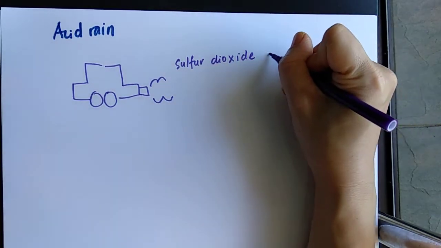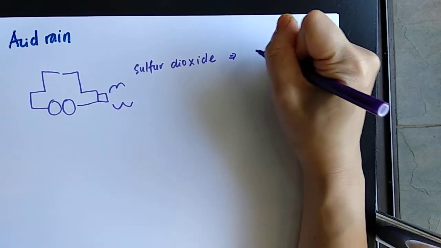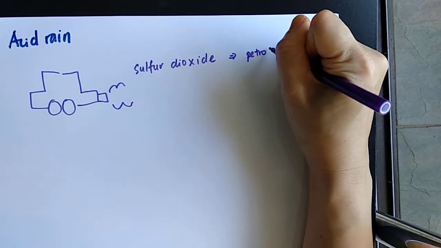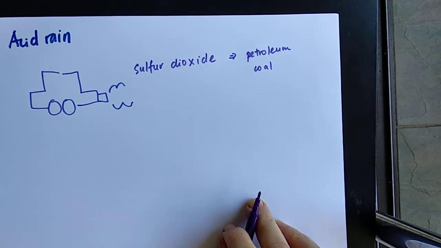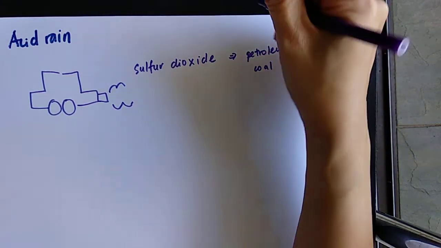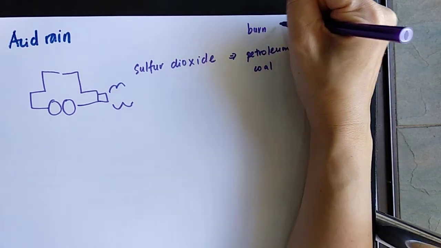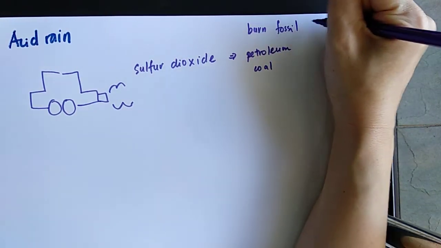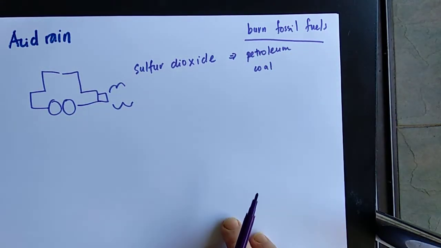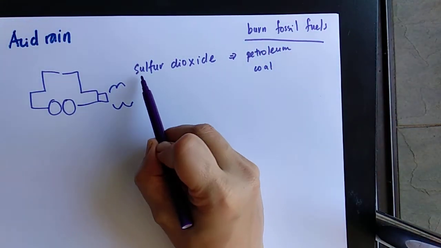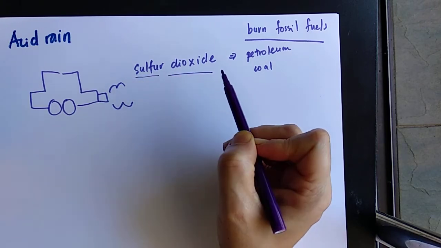What is fossil fuels? Fossil fuels are things like petroleum, coal, and natural gas. What happens is when you burn these fossil fuels, the sulfur inside these fossil fuels also burns and releases this gas, sulfur dioxide.